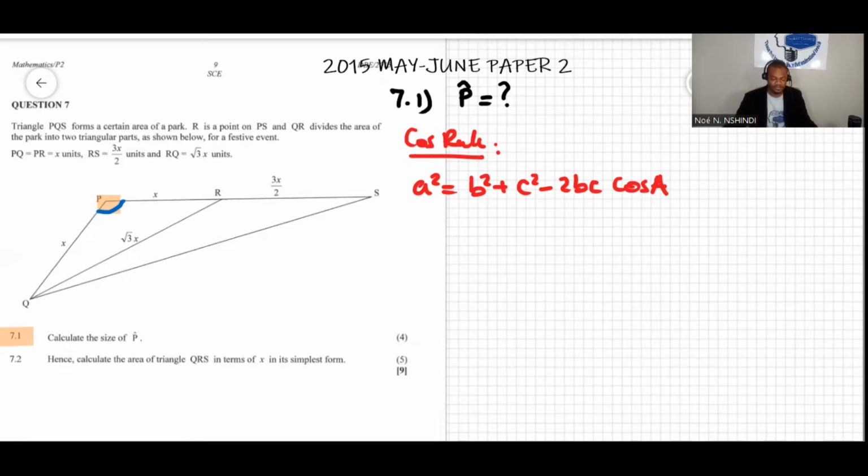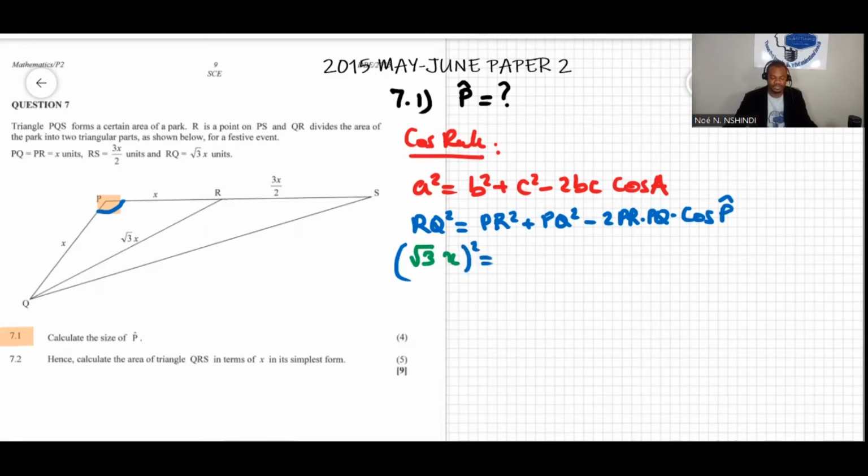So we have RQ squared equal to PR squared plus PQ squared minus 2 PR times PQ times cos of P. RQ is given as square root of 3x, so we have square root of 3x all to the power of 2.